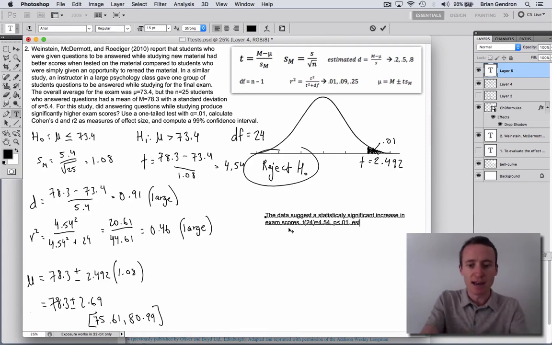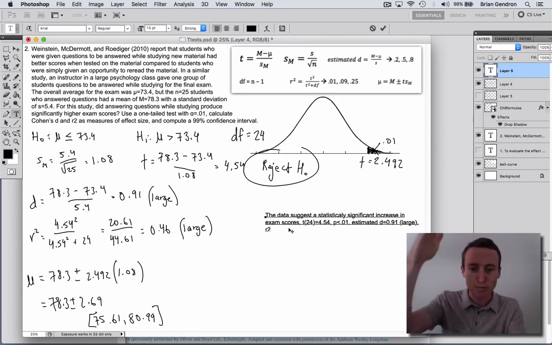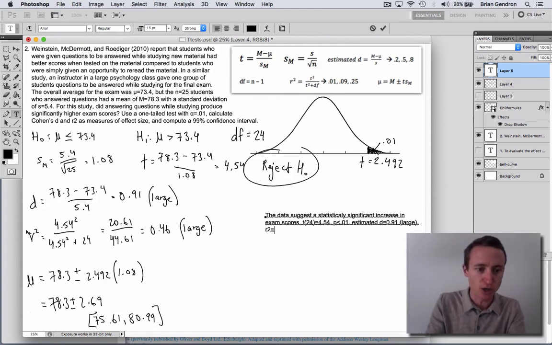I'm going to put my estimated d equals 0.91, and I'll put large in parentheses there, and then r squared. In this program, I can't use superscript, so I just put r2 here. It's kind of annoying, but you do want the superscript like it's shown here. That was 0.46.